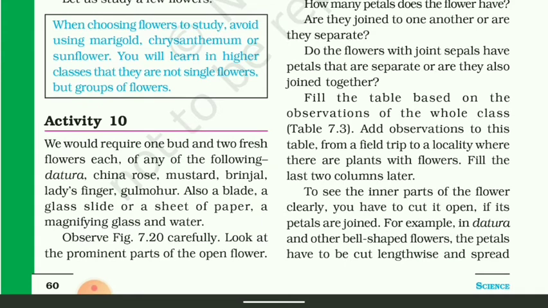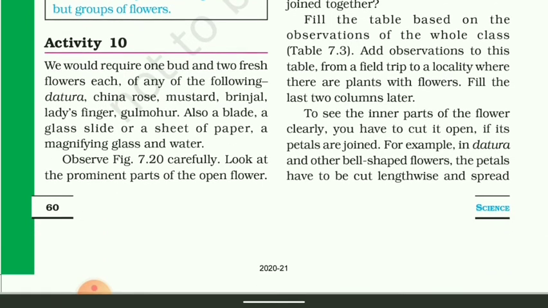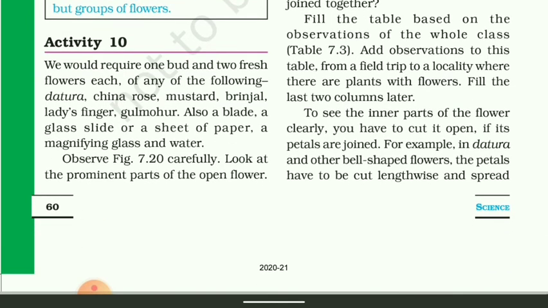Do the flowers with joined sepals have petals that are separate or are they also joined together? Fill the table based on the observation of the whole class. Add observations to this table from a field trip to a locality where there are plants with flowers. Fill the last two columns later.